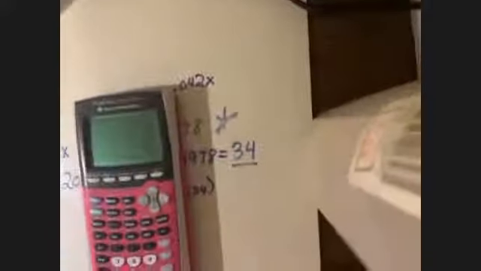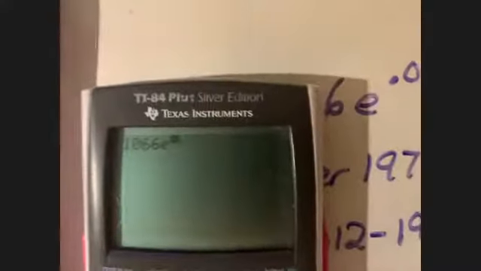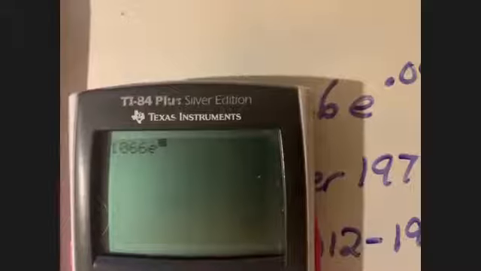Here is my LN button, and you can see E to the X right above it. It is in blue, or it's in an alternate color. For me, it's blue, so I'm going to press second, and then that button, and I'll zoom in on my screen here real quick. Sorry, guys, it's a little jostly. And I have E, and now it's sitting there waiting.